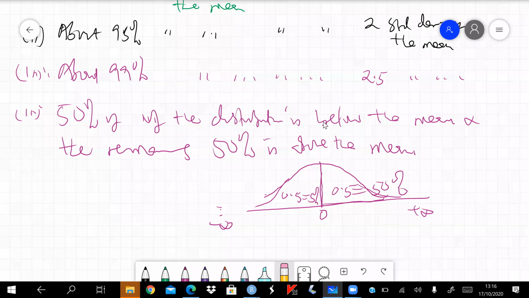Then you'll also notice that probability values beyond 3 standard deviations are very small.